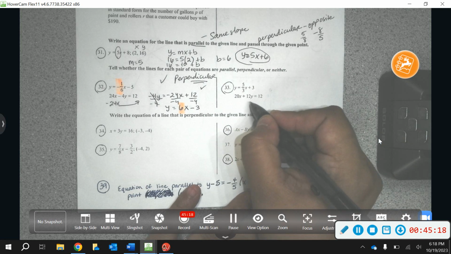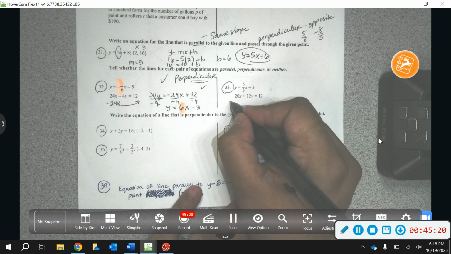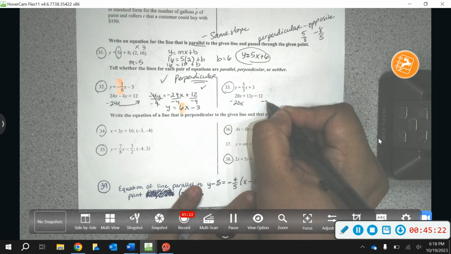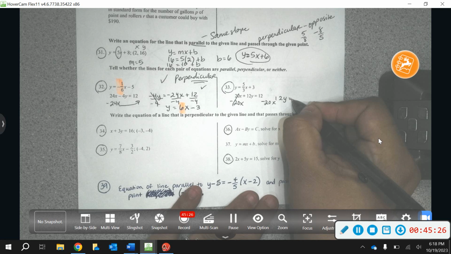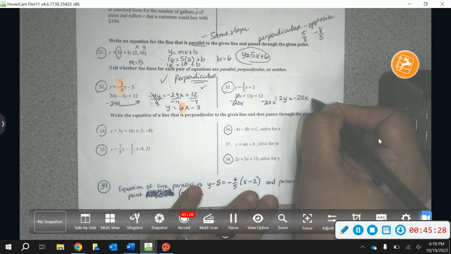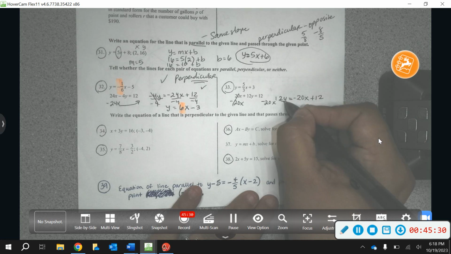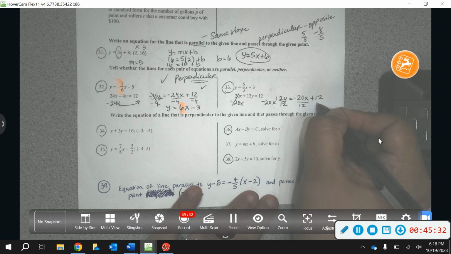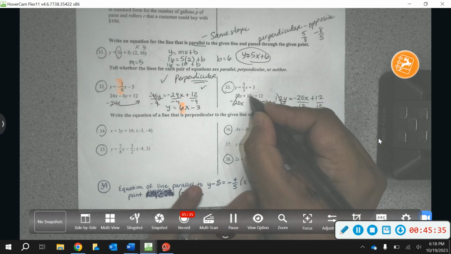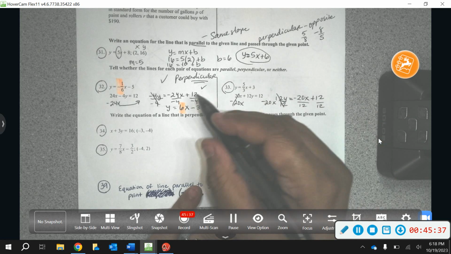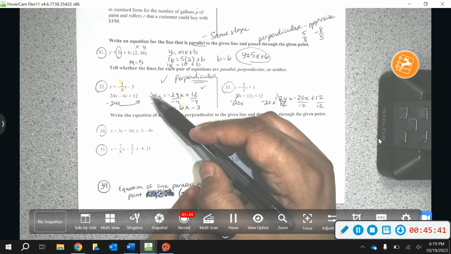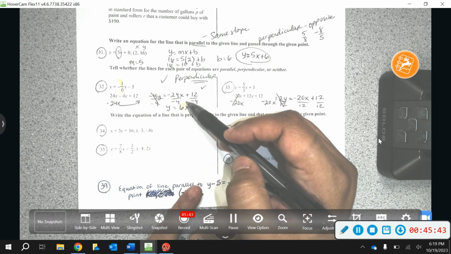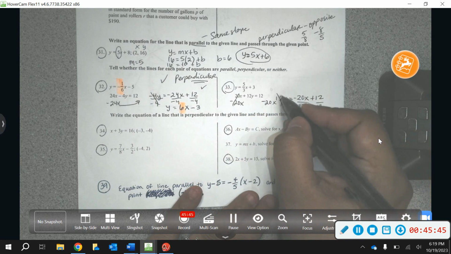All right, same thing here. Solve for y. You have to subtract 20x, subtract 20x. 12y is equal to negative 20x plus 12. Divide by 12, divide by 12, divide by 12. Be careful if this is a minus because that's a negative 12. Just like over here, I brought the minus with the 4y. Some of y'all are forgetting that negative, and it's going to change your whole answer around.